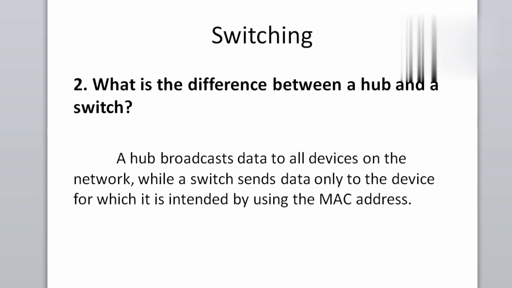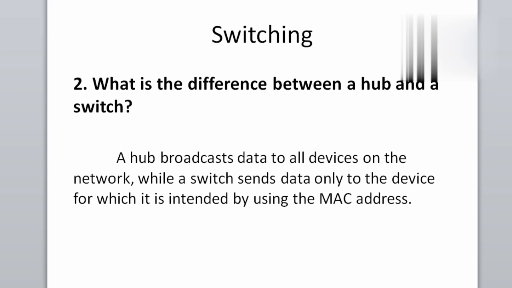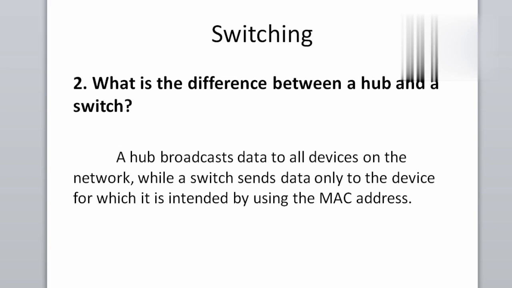A hub always provides broadcast, but in a switch case, they don't provide broadcast all the time. A hub doesn't have any facility to read a MAC address, but a switch has functions to read the MAC address.